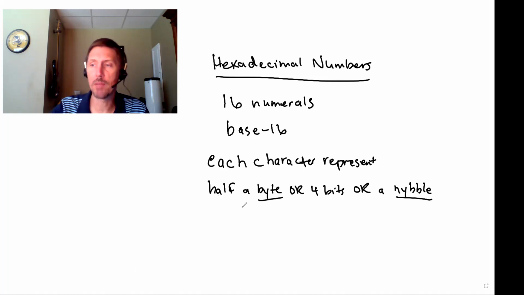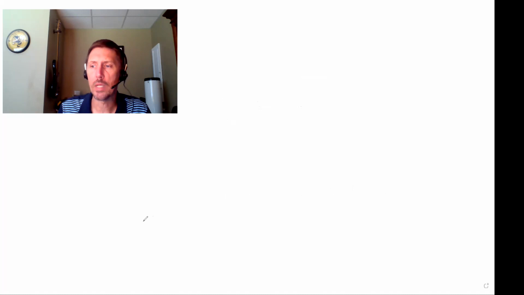And this is kind of an important number system when we start defining color digitally. So listen, we need to understand a little bit about converting between the hexadecimal system and converting to decimal numbers or binary numbers.